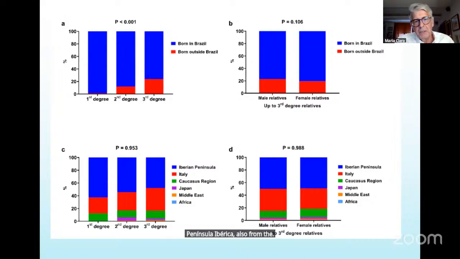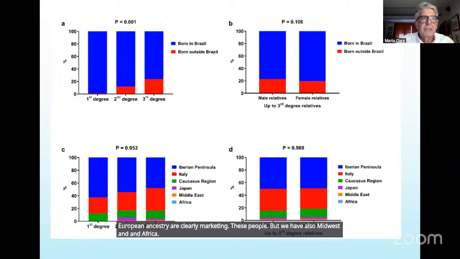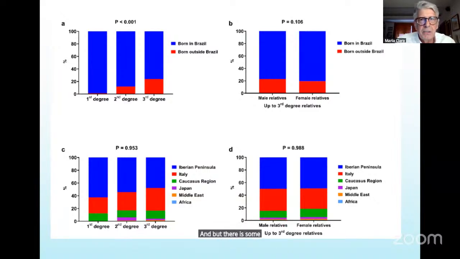The European ancestry is clearly marked in these people, but we also have the Midwest and Africa, and there is some difference in the second and third degrees, but not between those born in Brazil and born outside Brazil.